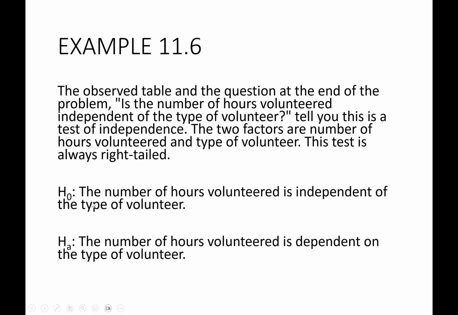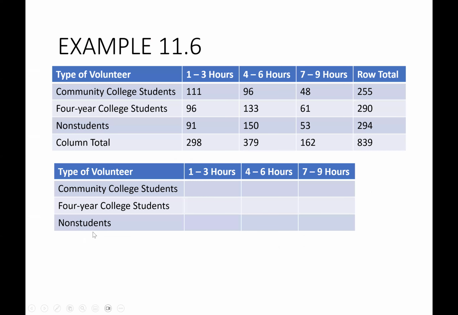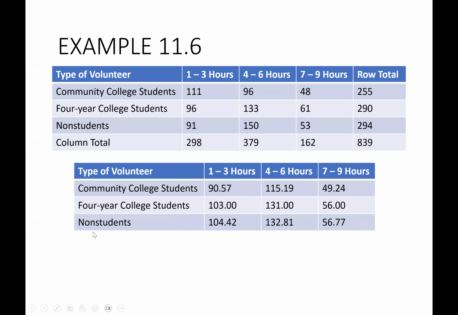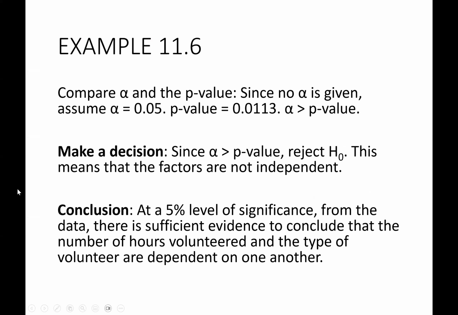So our null and alternative hypotheses are that the number of hours volunteered is independent of the type of volunteer, and the alternative is that they are dependent, that the number of hours you volunteer is dependent on the type of volunteer you are. So we got a p-value of 0.0113, which is less than our stated alpha of 0.05.